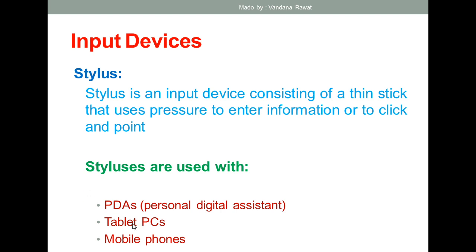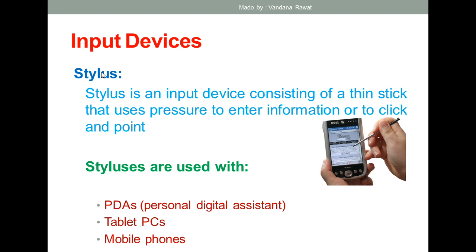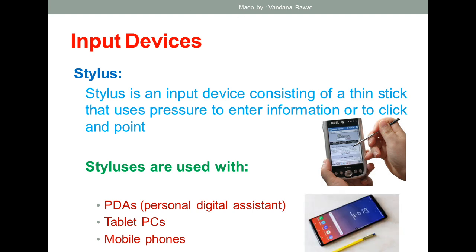It can also be used with tablet PCs, and it is generally used in mobile phones like the Samsung Galaxy Note series. So it looks like this. In smart devices, in a smartphone, the stylus is used and it looks like this.